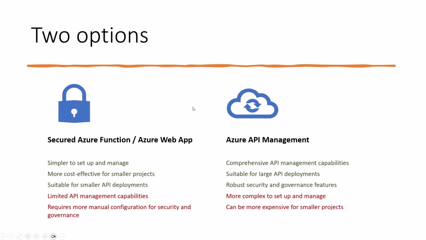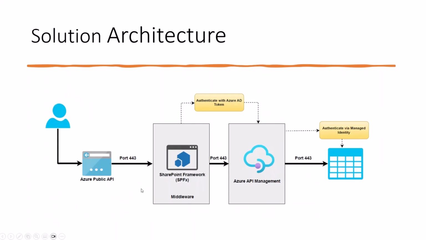So let's look into today's solution architecture, what we have built. We've got the SPFx Webpart, and we have the Azure Public API endpoint, which we got from Azure API management after all the configurations. We are calling that Public API endpoint via the SPFx Webpart.